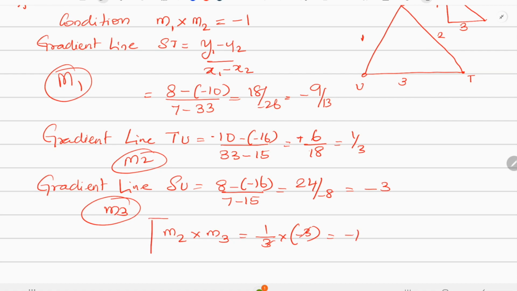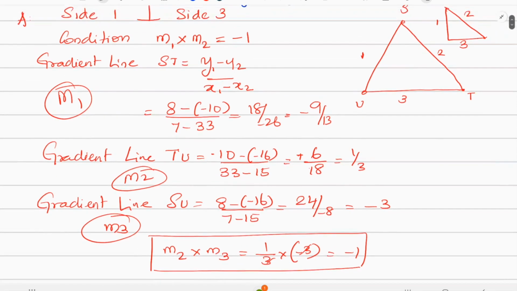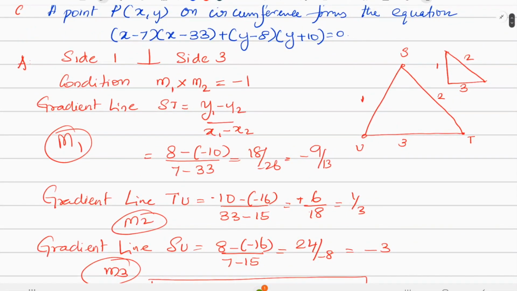So we found that the lines TU and SU are perpendicular.